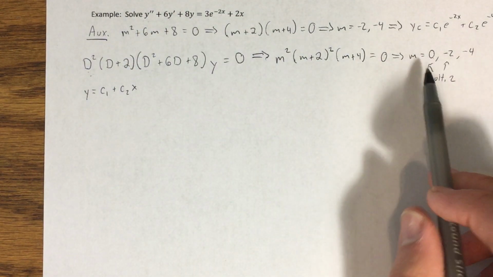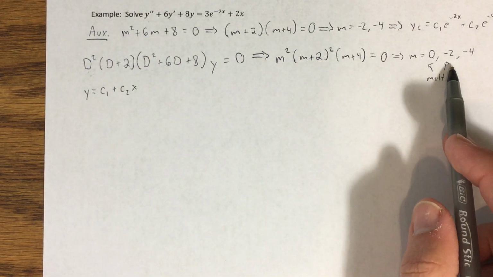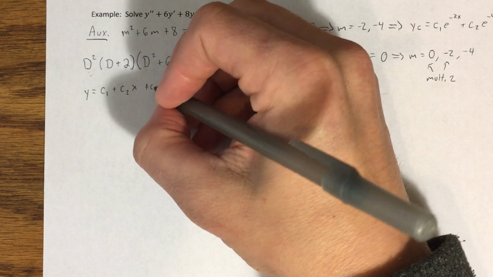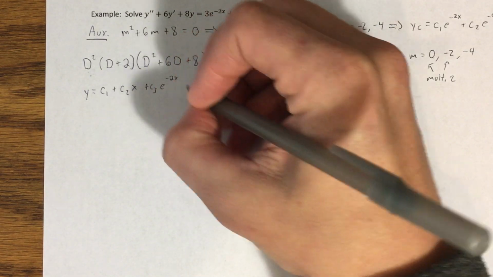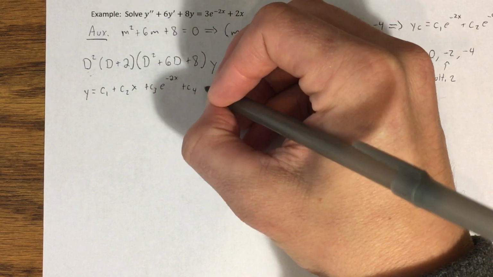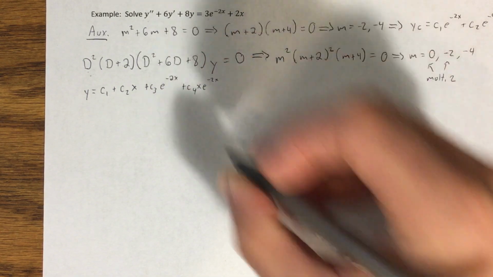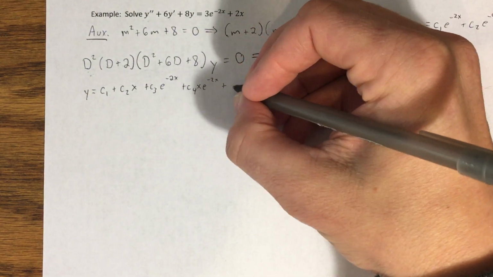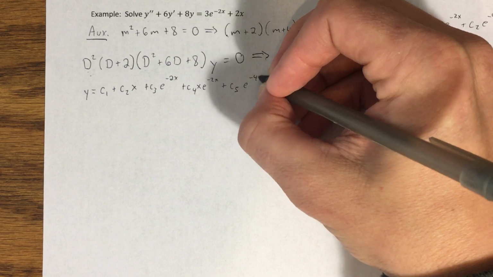For negative 2, and both of these terms show up because of the multiplicity here, I'm going to get plus c3 e to the negative 2x plus c4x e to the negative 2x. And then that negative 4 right there is going to give me a plus c5 e to the negative 4x.